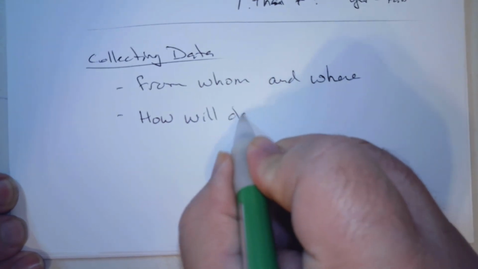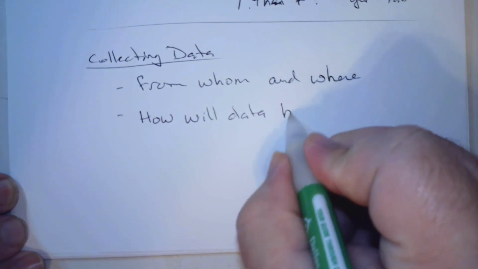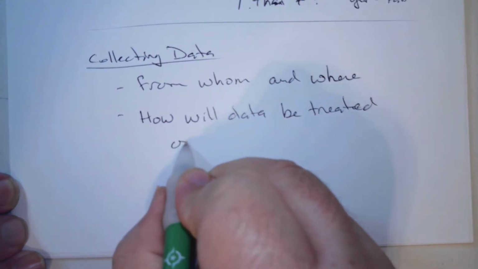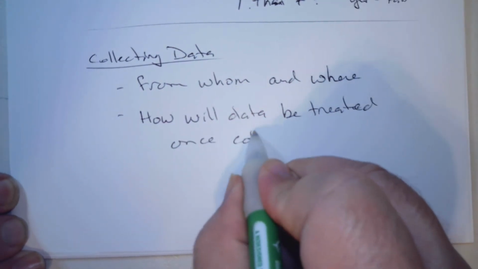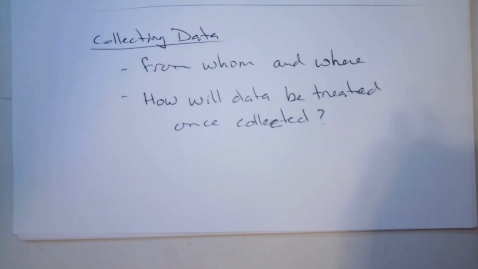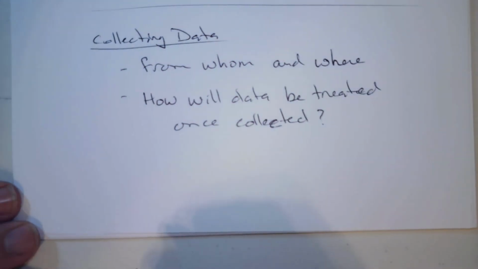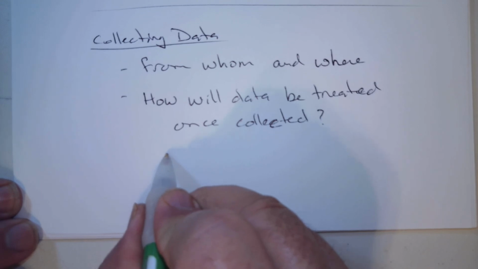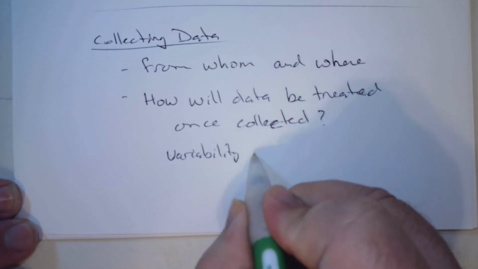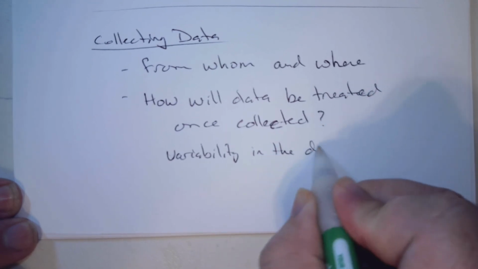How will the data be treated once collected? In other words, once you collect the data, what's going to happen with it? Are you going to analyze variability in the data?